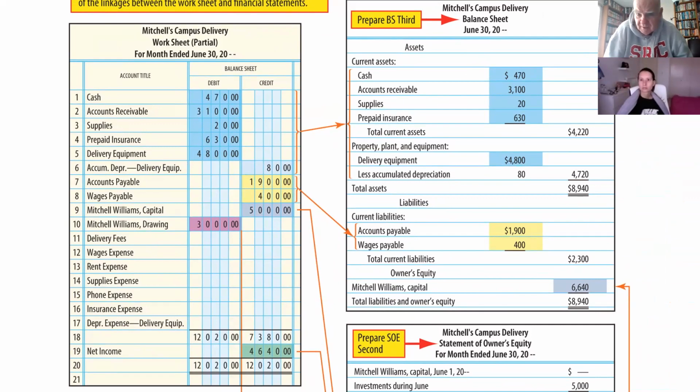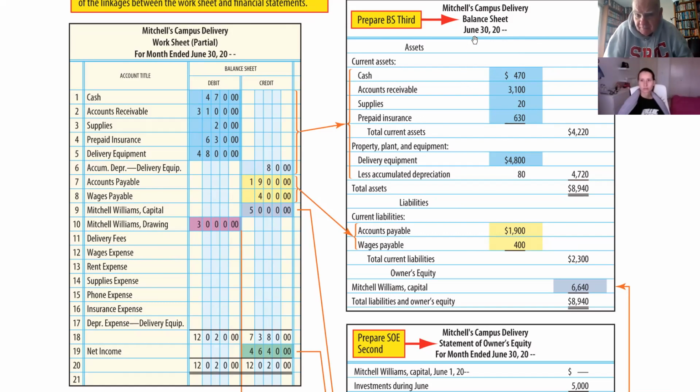You have to say on a balance sheet something like June 30th, at June 30th, or as of June 30th, because the balance sheet, unlike the income statement and the statement of equity, is a photograph. It is a snapshot. This is one split second in time.